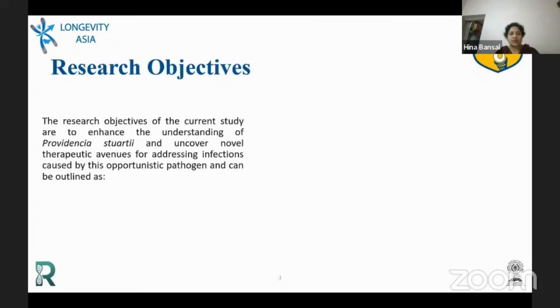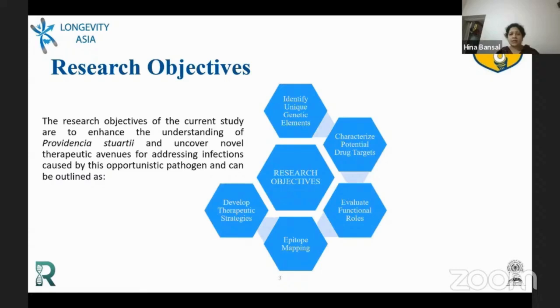So the research objectives of the current study are to enhance the understanding of Providencia stuartii and uncover novel therapeutic avenues for addressing infections caused by this opportunist pathogen, and can be outlined as follows. Identify unique genetic elements: by utilizing subtractive genome analysis, one can pinpoint genes and genomic regions that are unique to Providencia stuartii, especially those related to pathogenicity and antibiotic resistance.